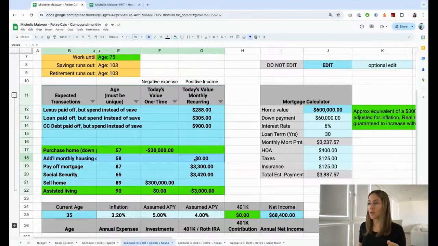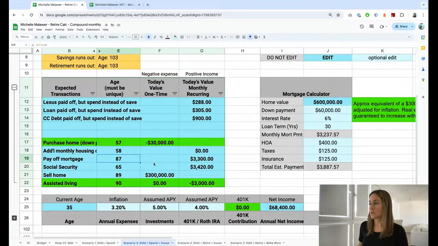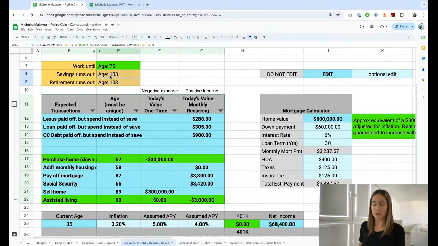And they don't have any additional monthly expenses. Their mortgage is exactly the same cost as their rent. And they pay off their mortgage in 30 years. And so they'll get this additional $3,300 per month that hits at 87. And this allows them to extend only 2 years, interestingly enough.